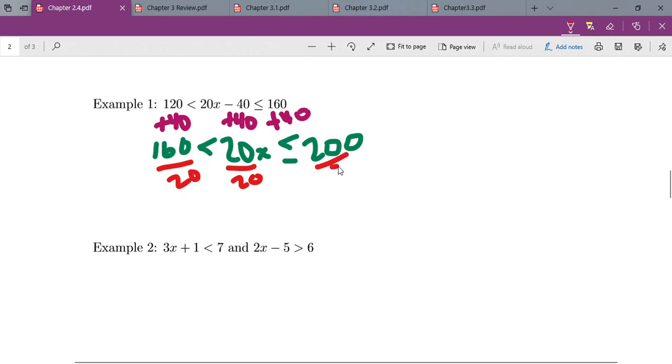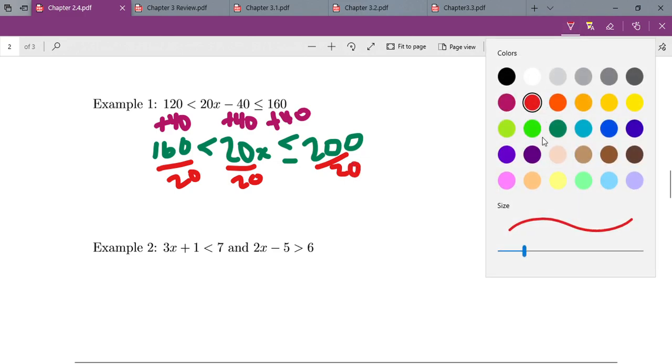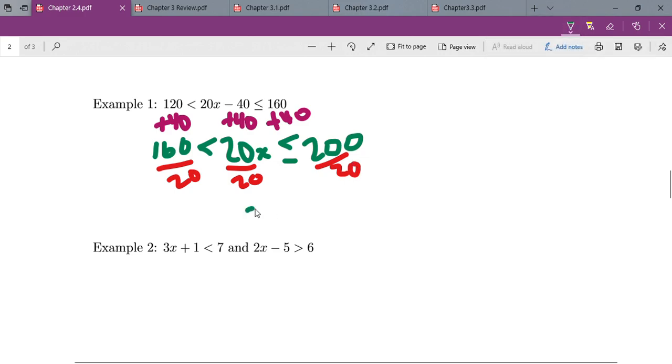What I find is that x, which goes in the middle, is greater than 160 divided by 20, which is 8, and less than or equal to 200 divided by 20, which is 10. So 8 is less than x is less than or equal to 10.